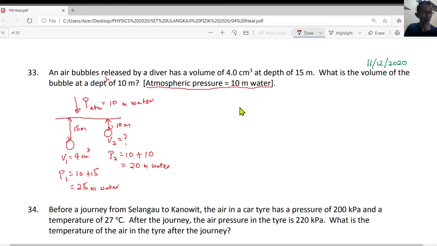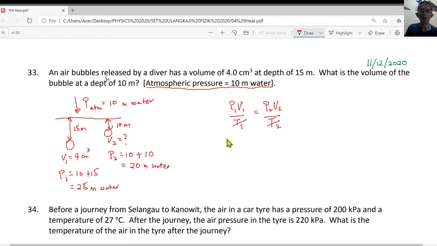So next, we are going to apply our universal gas law. That will be P1 V1 over T1 equals P2 V2 over T2. Do I have temperature in the question? No, right? So we assume temperature to be constant, so we can cancel the temperature out. Now let us substitute the values of P's and V's into our equation.